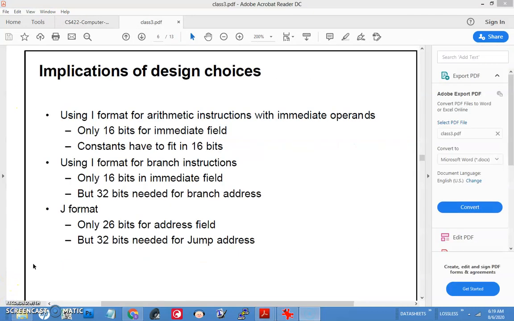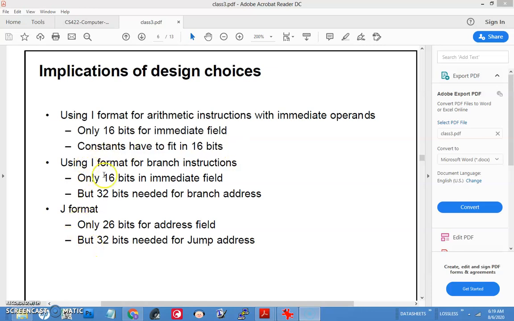The implications of design choices can be summarized here. Using I format for arithmetic instructions with an immediate operand means the constants have to fit in 16 bits. So this is a compromise made. Good design demands good compromise.